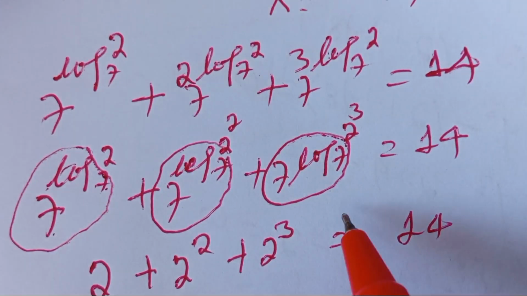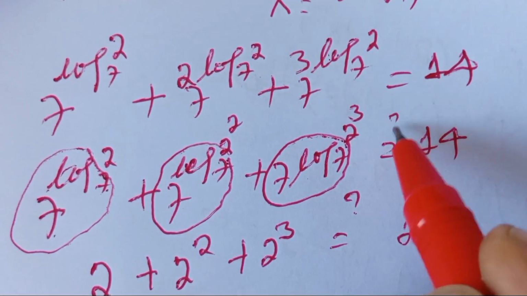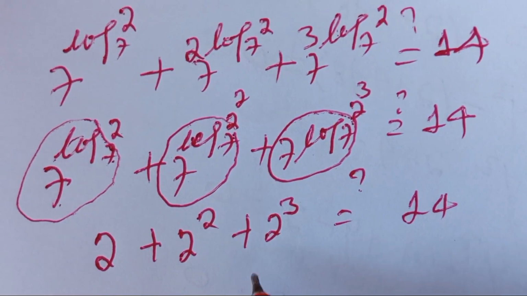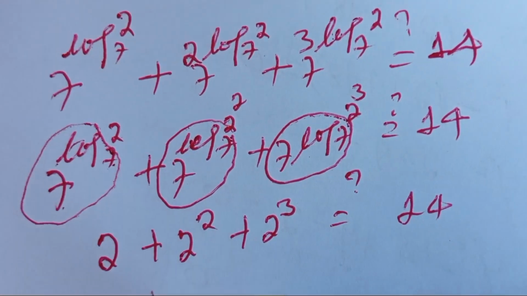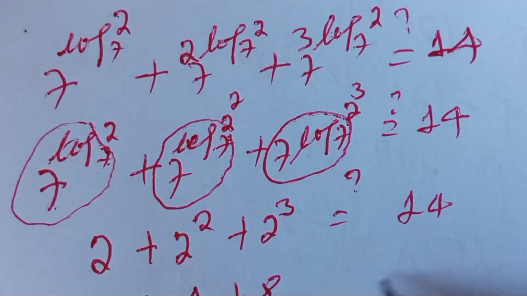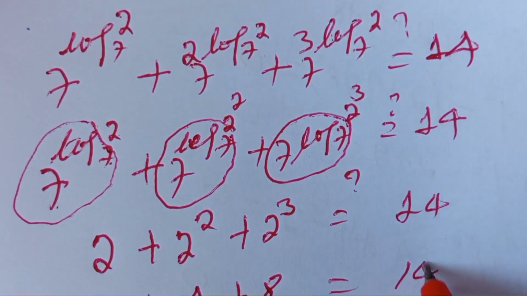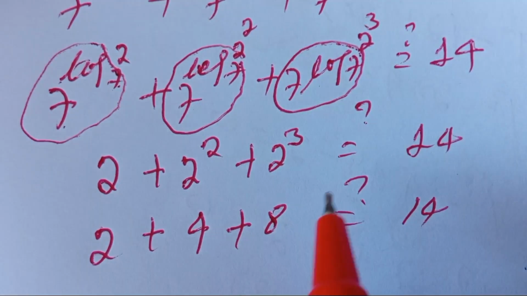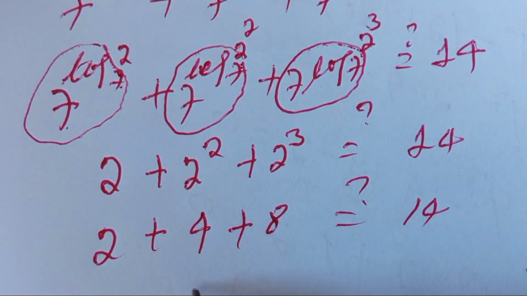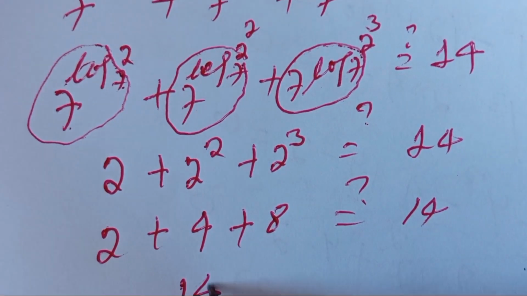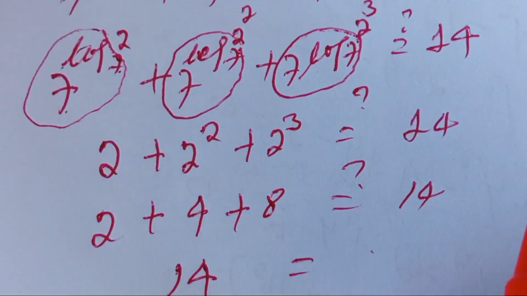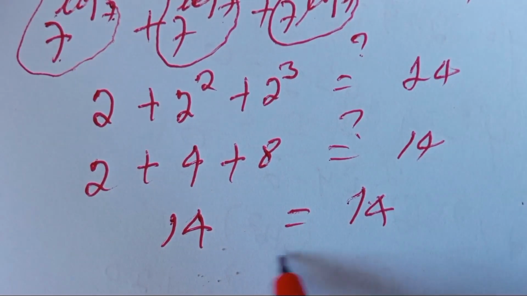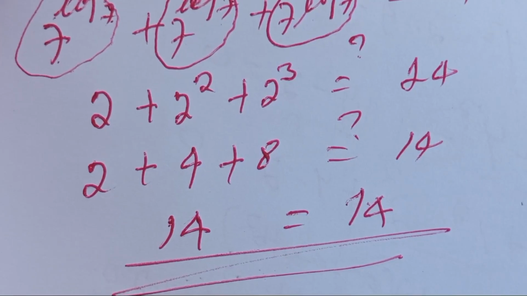Is it equal? Let's check it. So this is 2 plus 4 plus 8, which is 14. So this is 14, which is equal to 14. This is all.